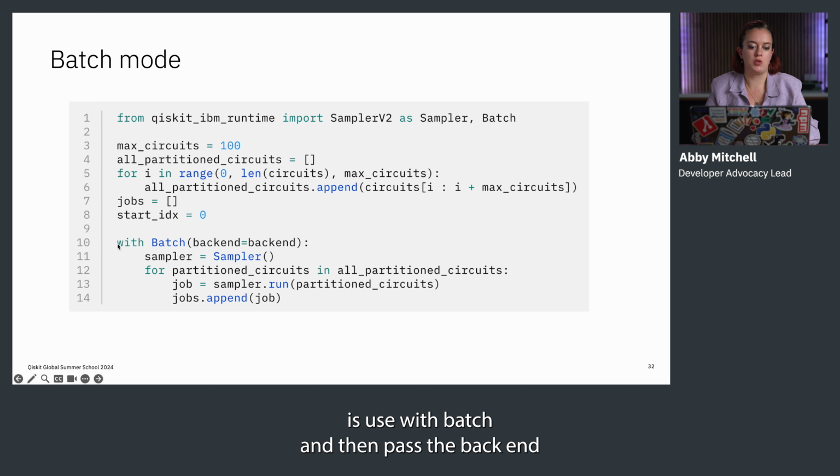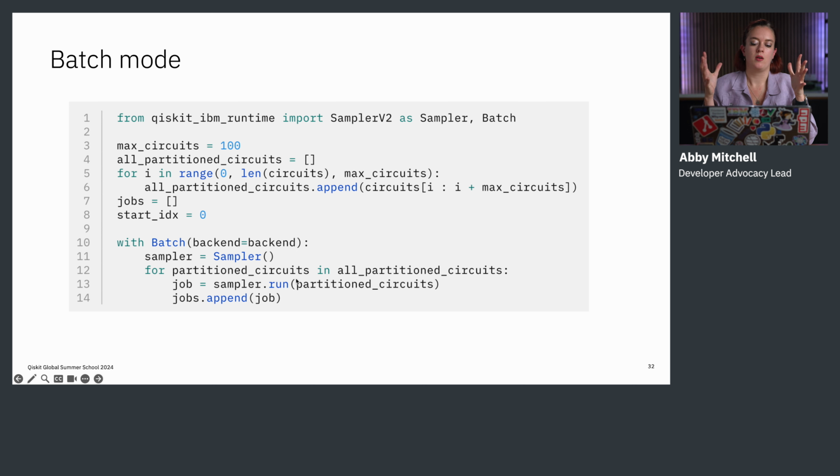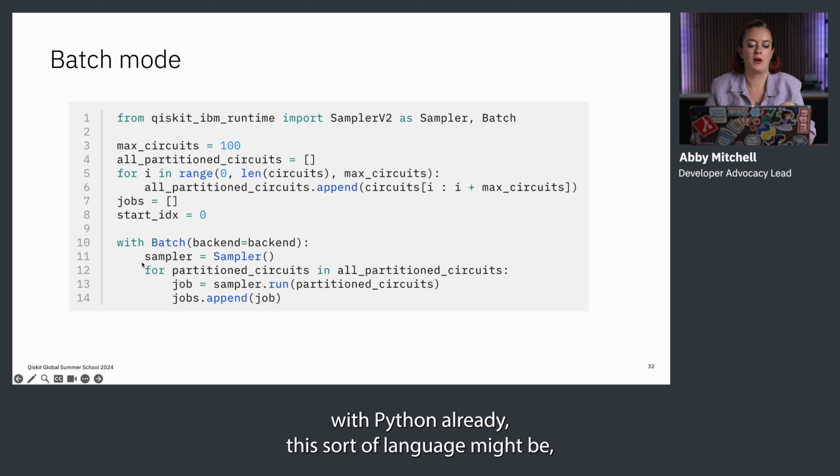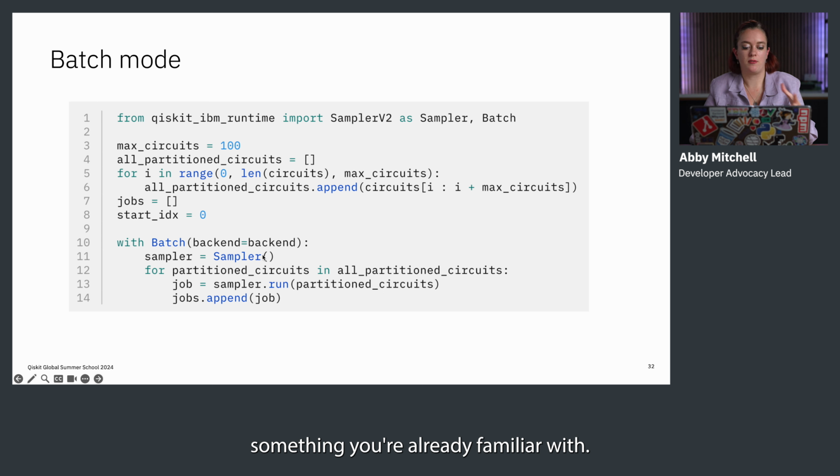What we can do is use with batch and then pass the backend, and then initialize our sampler, and then call sampler.run with those circuits for every single circuit in our array of circuits. If you're already familiar with Python, this sort of language might be something you're already familiar with.